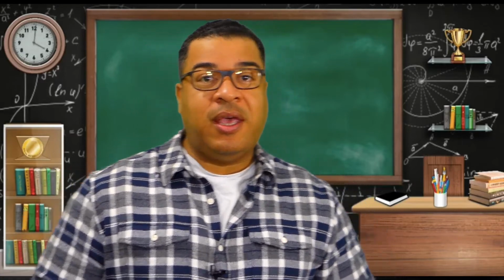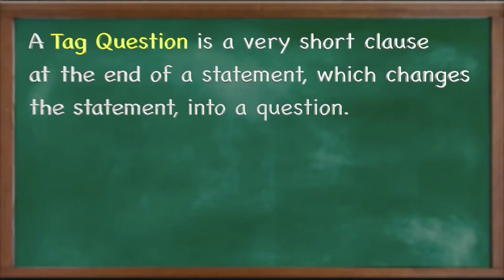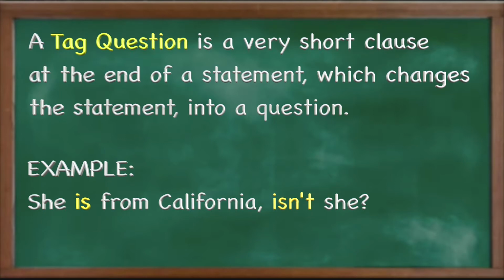First, let's take a look at a tag question. A tag question is a very short clause at the end of a statement which changes the statement into a question. For example, she is from California, isn't she? The tag question would be, isn't she?